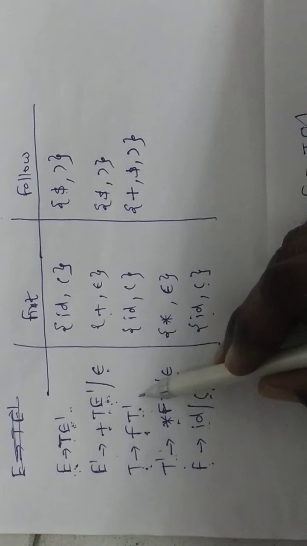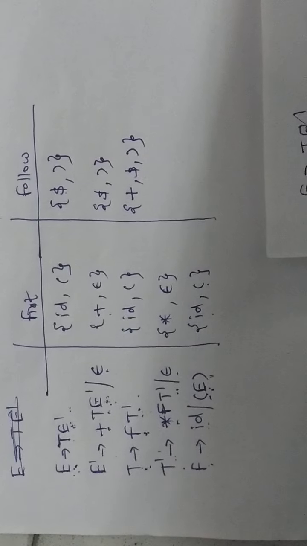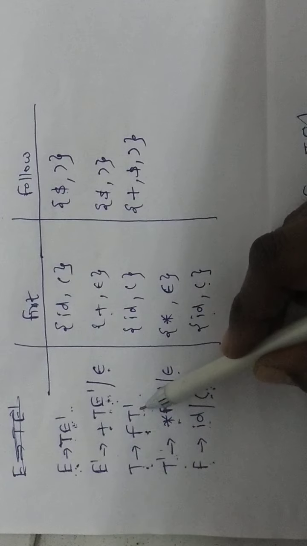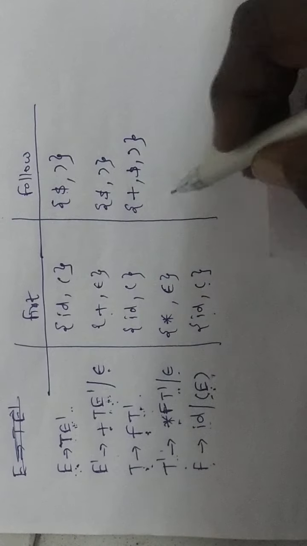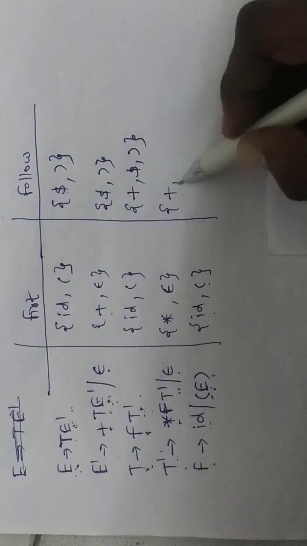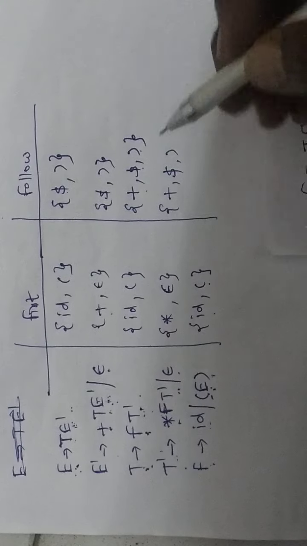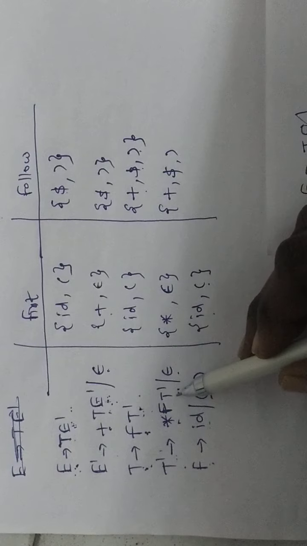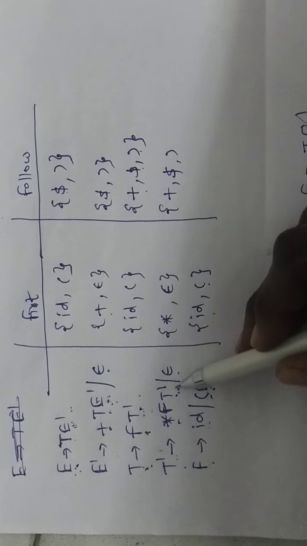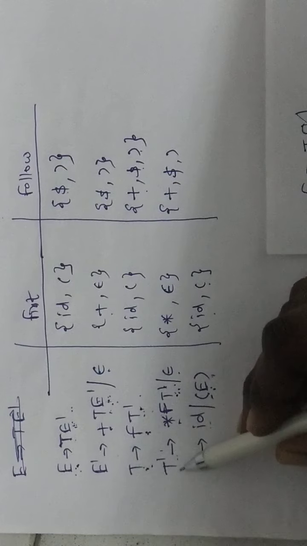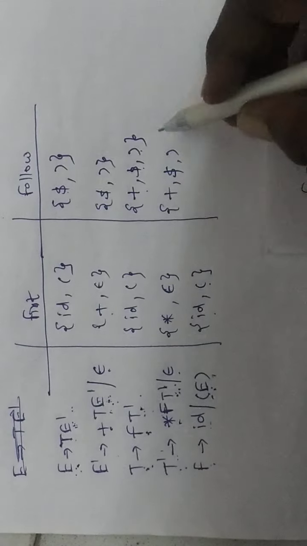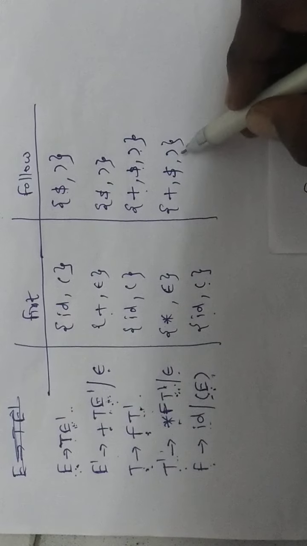So as nothing is following after T dash, the follow of T dash is nothing but follow of T, which is plus, dollar, and closed bracket. Anything else after this? Here, after T dash, also nothing is following, so the follow of T dash is follow of T dash itself: plus, dollar, and closed bracket.